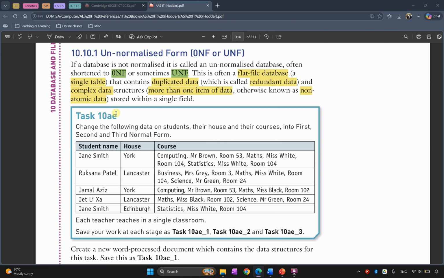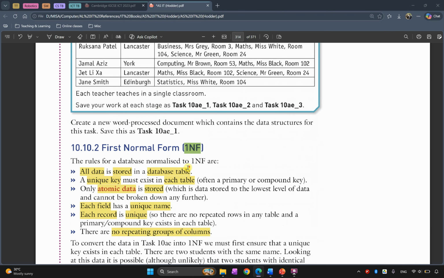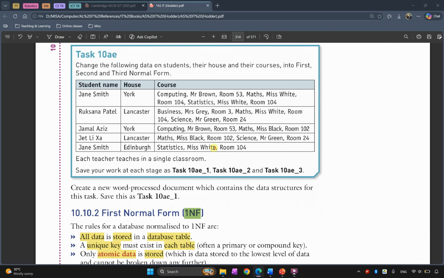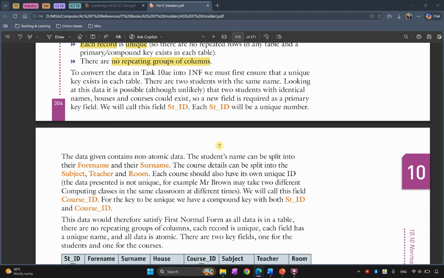Okay, now we're asked in this task to create first, second and third normalizing forms. So I'm going to go through the first, second and third, and explain the points of how it is happening. When we convert this table into first normalizing form, let me first show you the table.